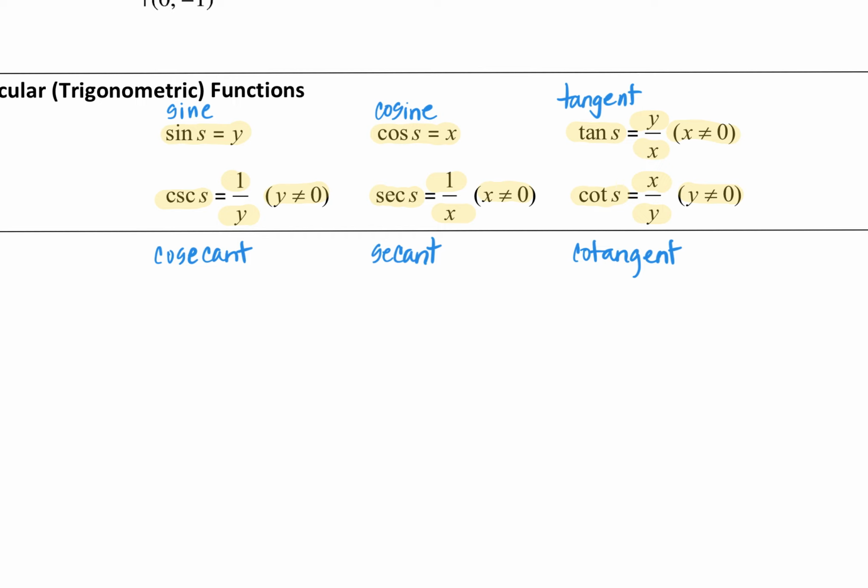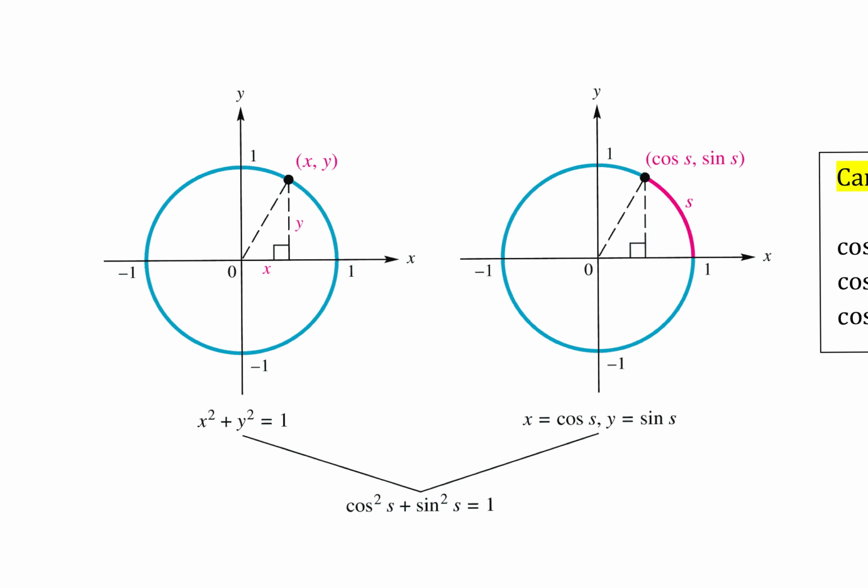One thing that's going to come up a lot in our trig functions is notation. So going back to our unit circle, notice that if we have any point x and y on our unit circle, we can replace x with cosine of the arc length s, y with sine of our arc length s, so cosine s, sine s, and those would be our points x and y.